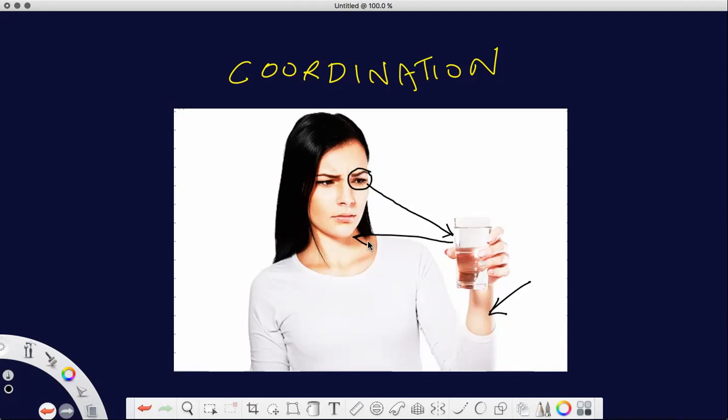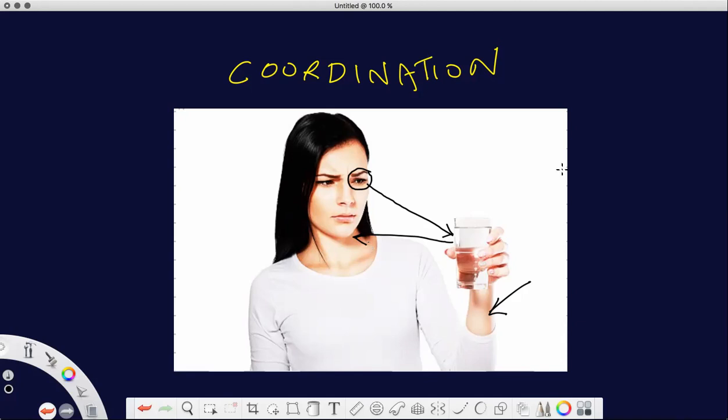And mostly it's a very small incident, like a small thing, but we don't think about it. If you're thirsty, you take a glass of water and then you start to drink. But still, if you take this as a small example, we can define coordination.